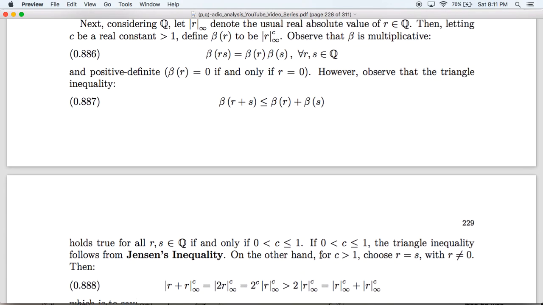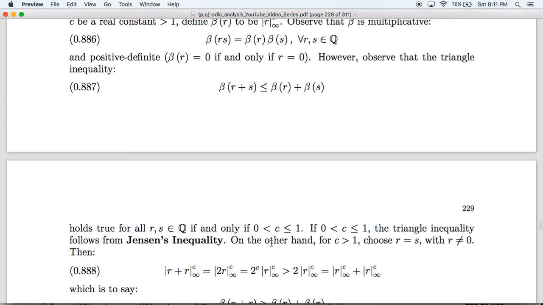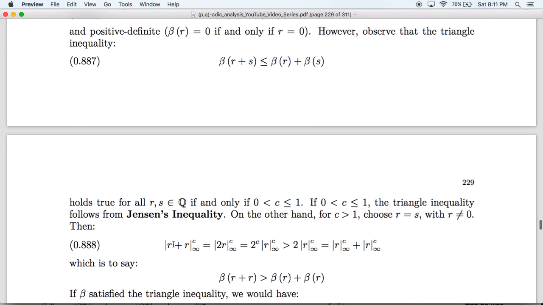For such a value of c, the triangle inequality follows from Jensen's inequality, in this case for concave functions. On the other hand, suppose c is greater than 1. Then choose r to be s, where r is non-zero. Then r plus r has an absolute value of 2r. We pull out the 2.